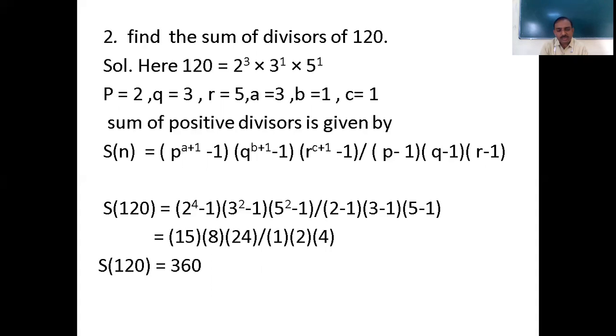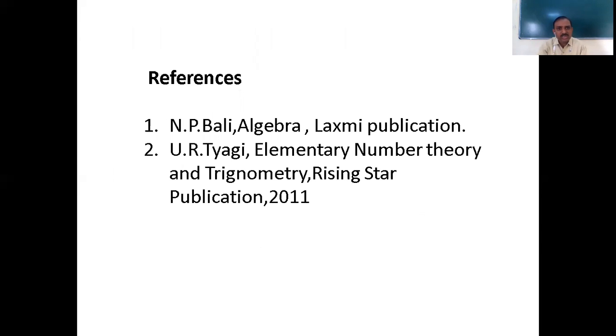After simplifying, we get 15 into 8 into 24 divided by 1 into 2 into 4. At last, the sum of the positive divisors of 120 is 360 here.